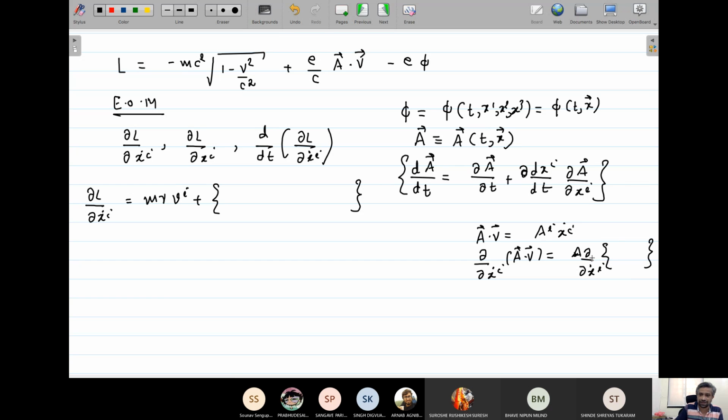So del x_i dot of a_j x_j dot, I will get the Kronecker delta ji. So I will get a_i here. Differentiation of this with this, and since we have only the ij case, it doesn't matter whether we use up or down.